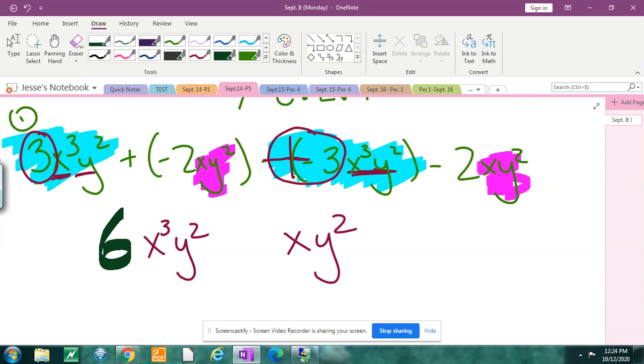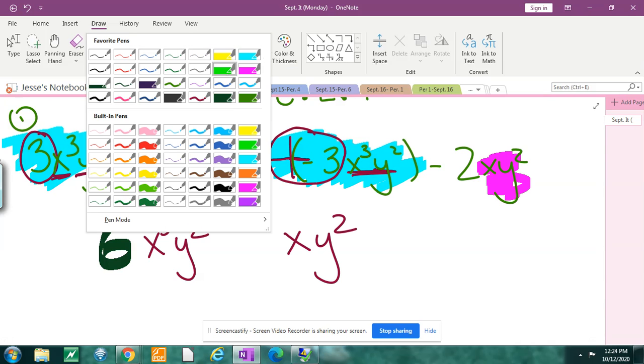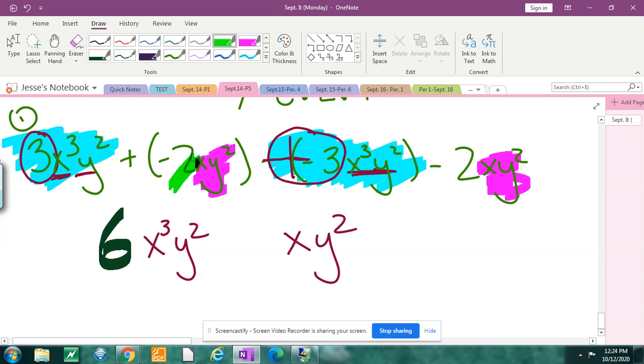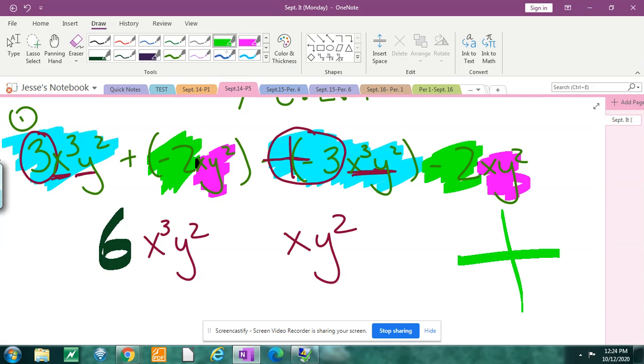Now all you got to take care of is the coefficient, negative 2 and the negative 2, by doing the T-chart, right? Negative 2 and the negative 2. And what's my answer? Anybody can shout it out?